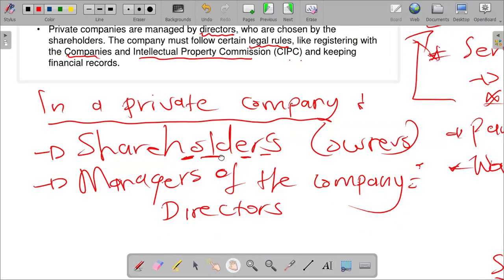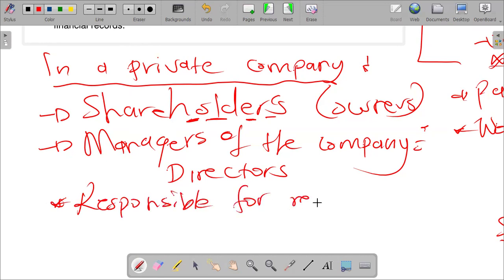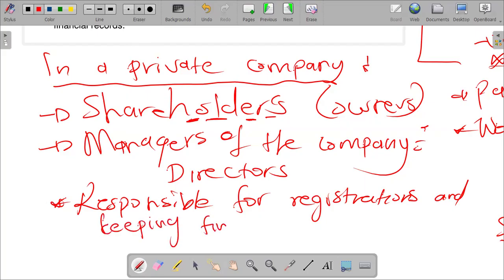The directors are responsible for registration and keeping financial records.